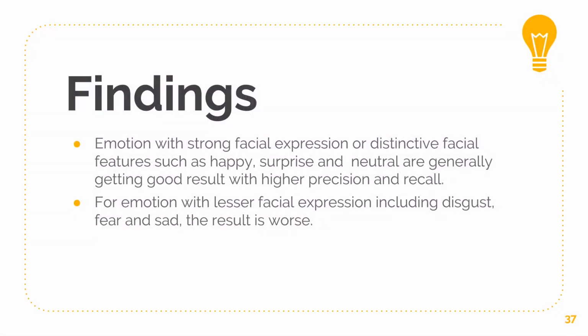Here are the findings from the evaluation of both models. First, emotions with strong facial expressions or distinctive facial features such as happy, surprise, and neutral are generally getting good results with quite high precision and recall. For emotions with lesser facial expression, including disgust, fear, and sad, the results are much worse compared to the others.